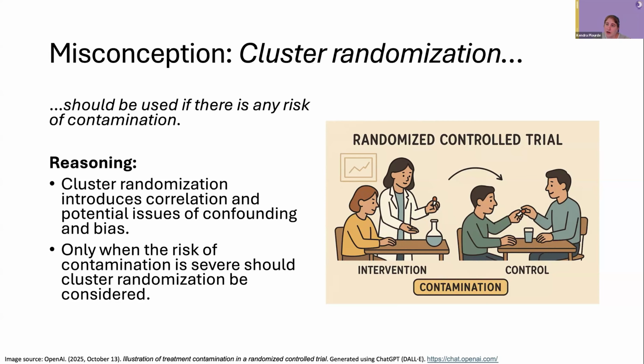And this is an issue, obviously, in terms of power, in terms of getting a clinically meaningful effect. So contamination is a major issue, but going straight to cluster randomization means that you're eliminating that risk of contamination, but you're introducing a lot of other issues. Correlation, for instance, because when you have a cluster randomized trial, individuals within a cluster are more similar to one another than individuals between clusters.